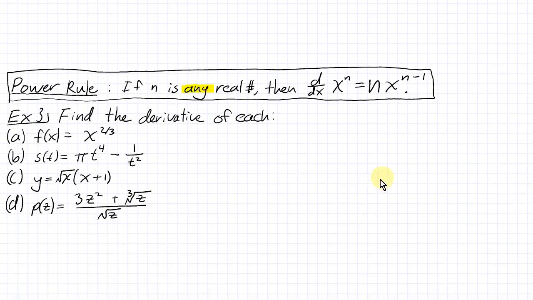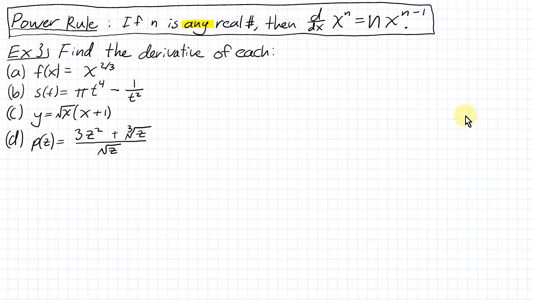Okay, let's see one more super important rule. We already learned this one before, but before we were just looking at, I believe, when n was an integer, if I'm not mistaken. It turns out it works with any real number. We're going to skip the proof here because it turns out it's not that hard to prove it for integers, if n is a whole number, like 4 or -7 or something like that.